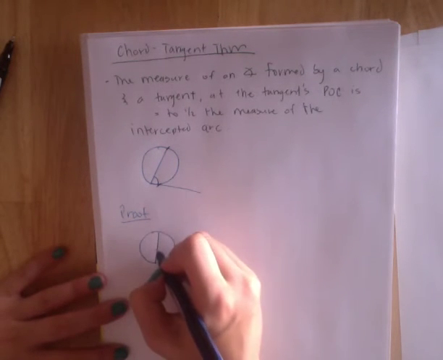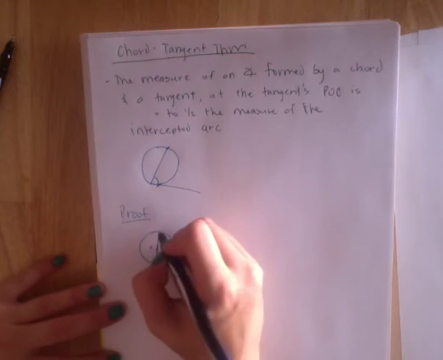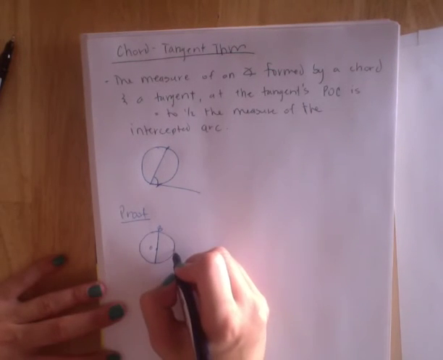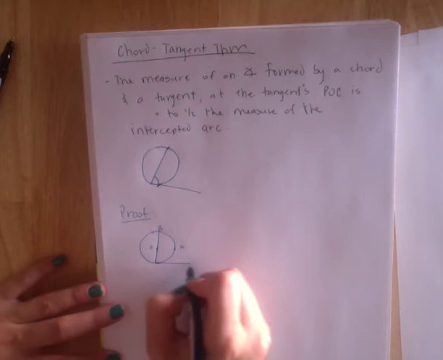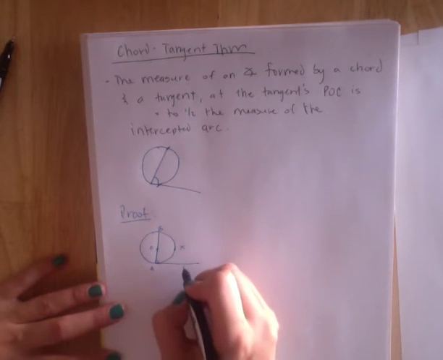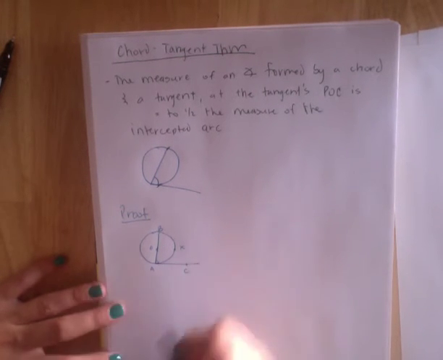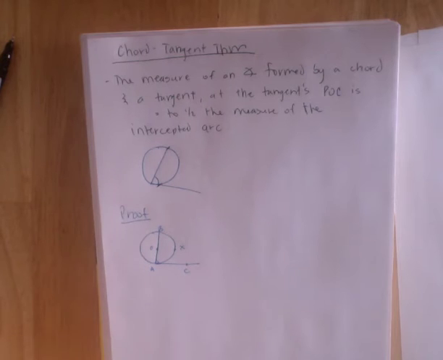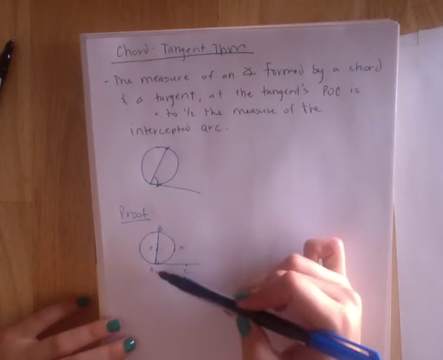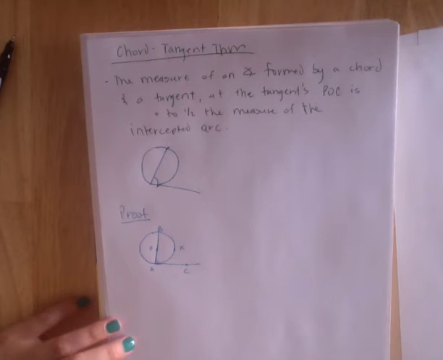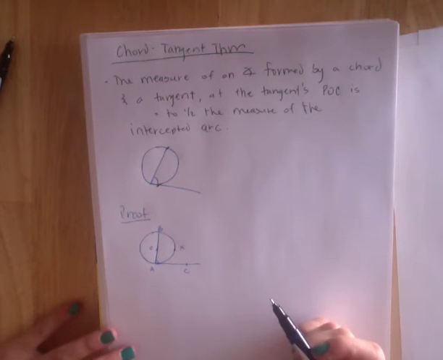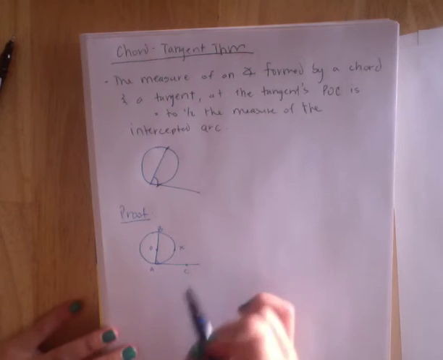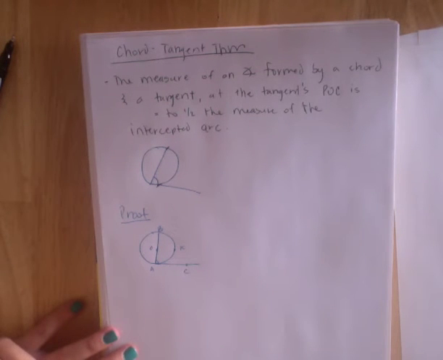Often in proofs, there's multiple different facets you have to look at. Now in this I have my chord and my tangent intersecting, and I am finding that this tangent is going to be perpendicular to my radius, OA.